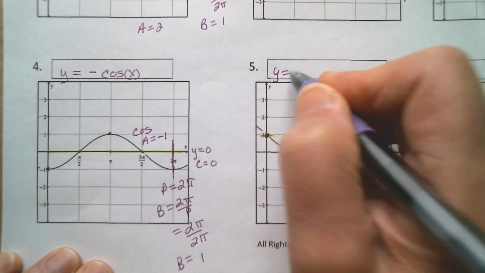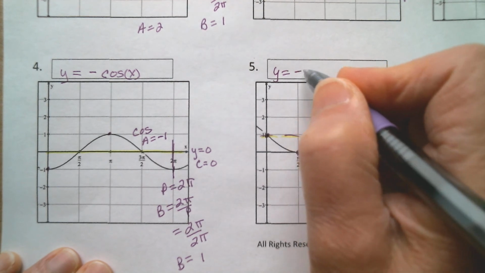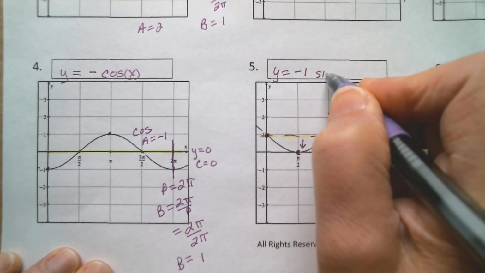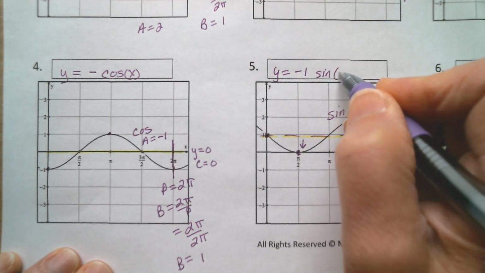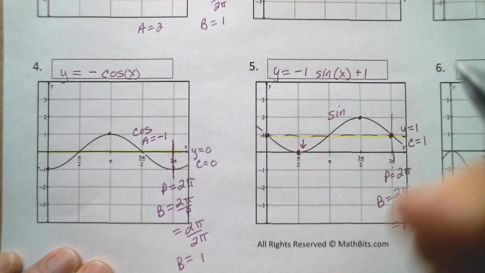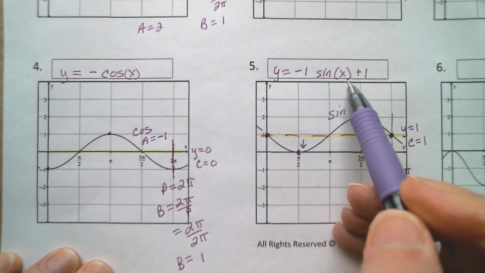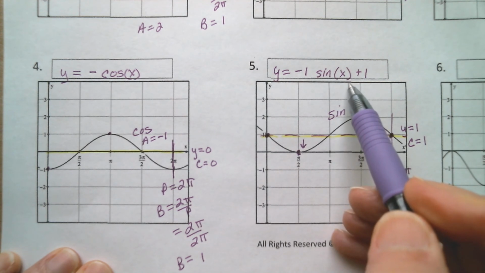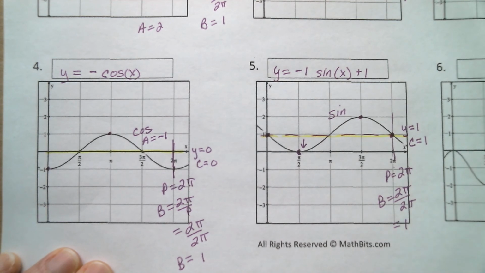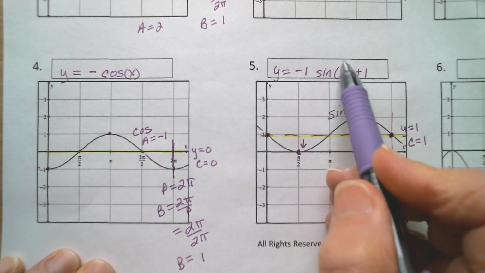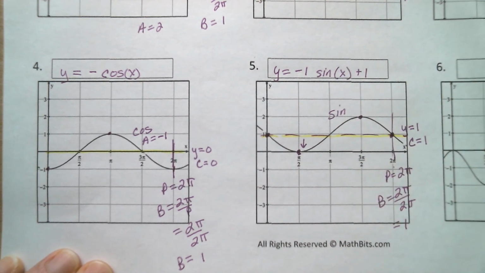So this is y equals -1 sine x plus 1. Make sure you're closing the parentheses after the x and then adding your c value. Don't have it as x plus 1 in parentheses. That's incorrect.